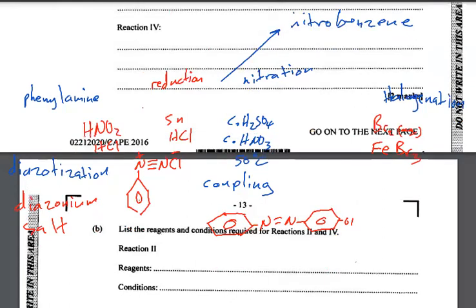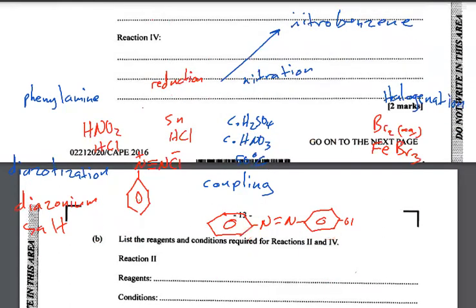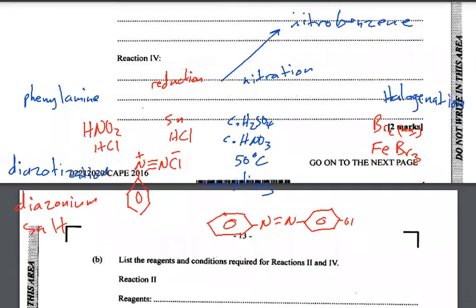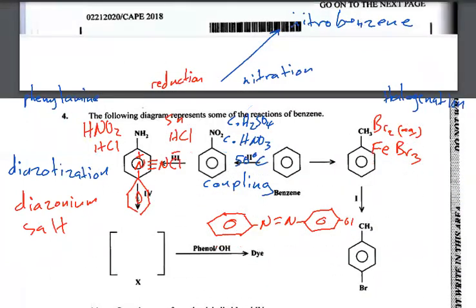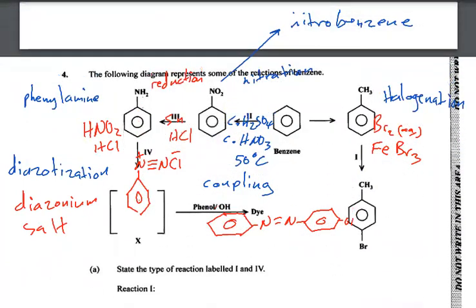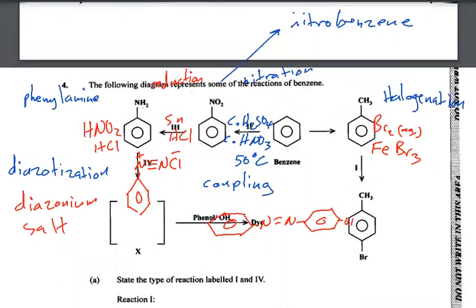Then they said list the reagents and conditions for reactions 2 and 4. Reaction 2 is nitration. We did not put the condition for 4, the formation of the diazonium salt. 5 degrees Celsius.